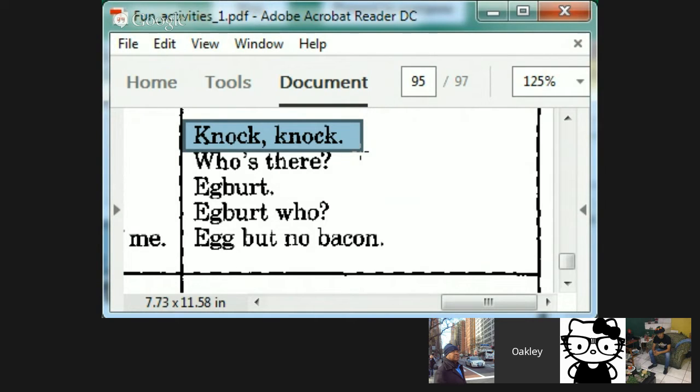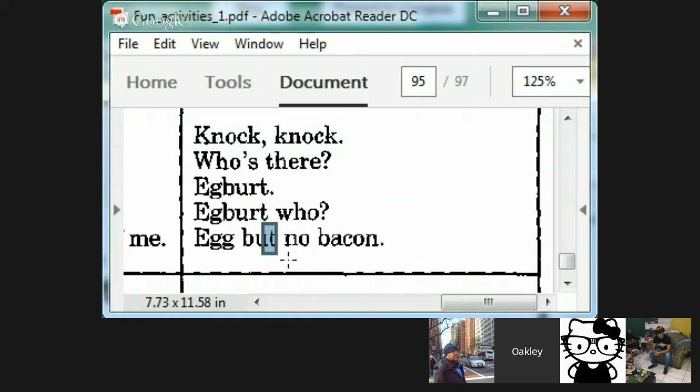These are so silly. Okay, and here it's already written out what the actual English pun is: egg but no bacon. Something interesting here is that obviously the R sound is being dropped. Egbert no bacon.